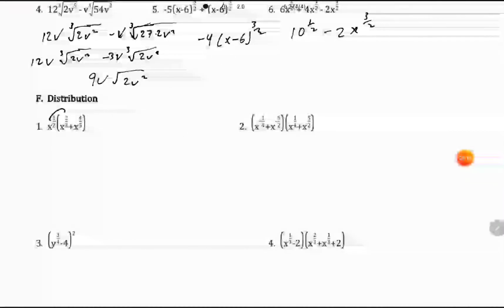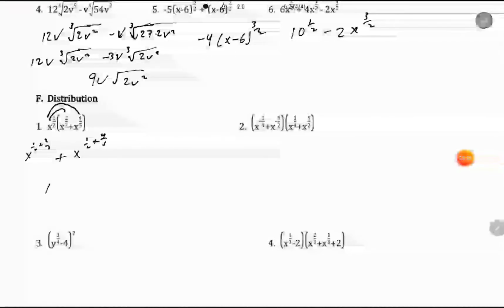This is x to the 1/2 times x to the 2/3, x to the 1/2 times x to the 4/5. And that's the same thing as x to the 1/2 plus 2/3 plus x to the 1/2 plus 4/5.